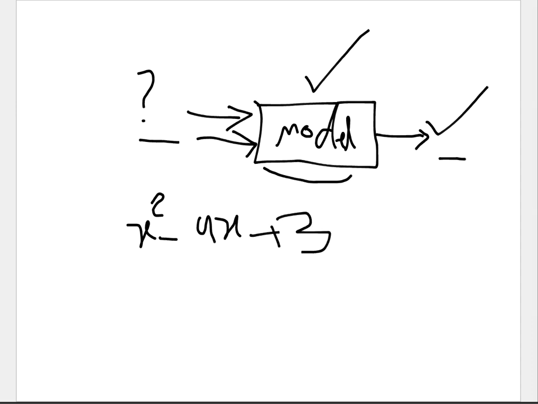I want to find the root of this equation. What is the meaning of the root of this equation? It is named f(x). I have an equation, f(x) equal to x² - 4x + 3. And what is the root of this equation?